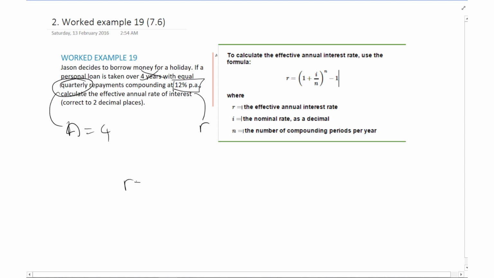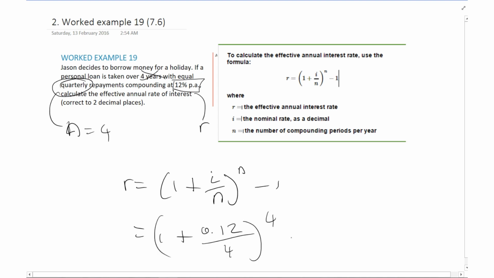Okay, so I'm going to go R equals 1 plus I over n, to the n, minus 1. So that's going to be 1 plus, remember, that 12% is going to be represented as 0.12, divided by n, and n is going to be 4.